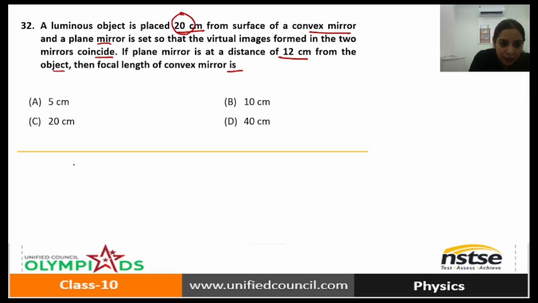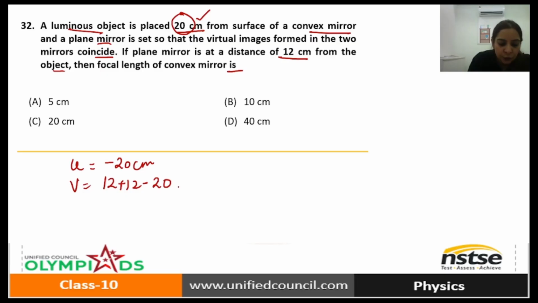Now here in this case, object distance U is equal to minus 20 cm, because the luminous object is placed there. Now V would be 12 plus 12 minus 20, because the mirror is 20 cm from the object and the plane mirror is present in the middle at a distance of 12.